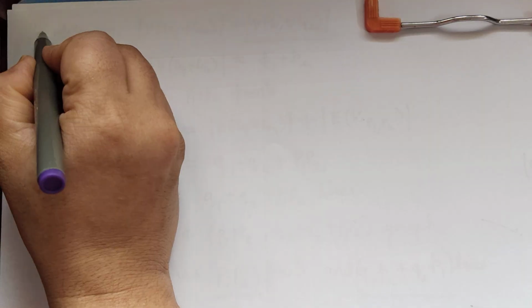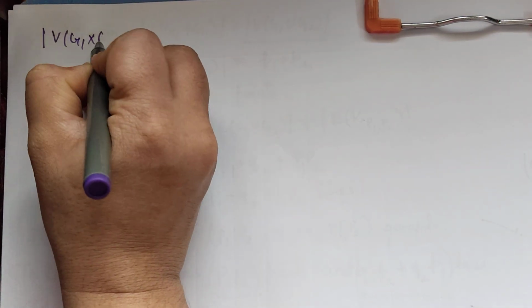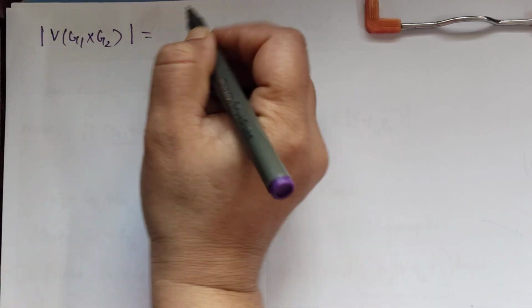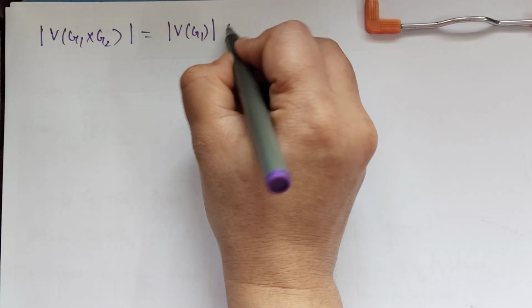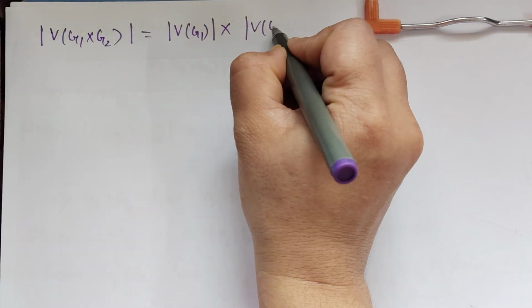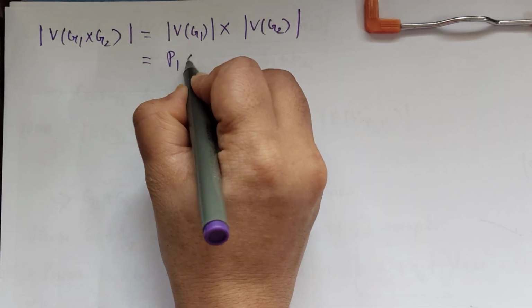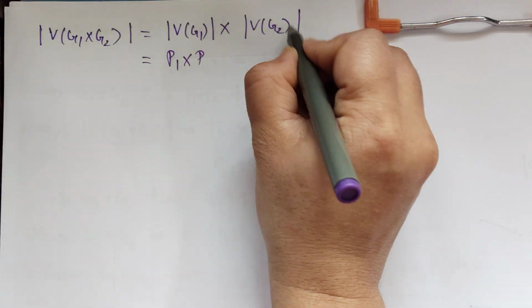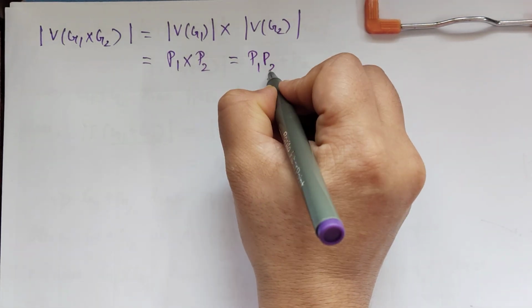In order to prove this theoretically, by the definition we know that the vertex set of g1 cross g2 is equal to the product of the vertex set of g1 with the vertex set of g2. We know that the number of vertices of g1 is p1, it has to be multiplied with the number of vertices of g2, which is p2, which is equal to p1 p2.